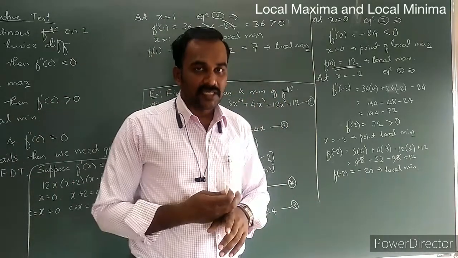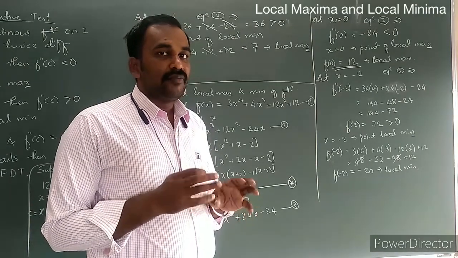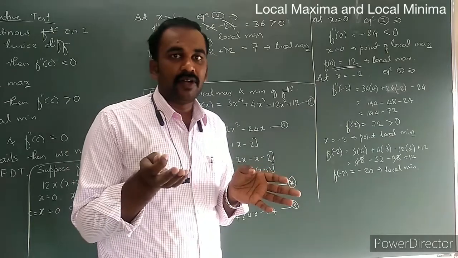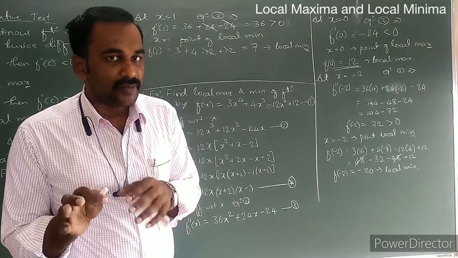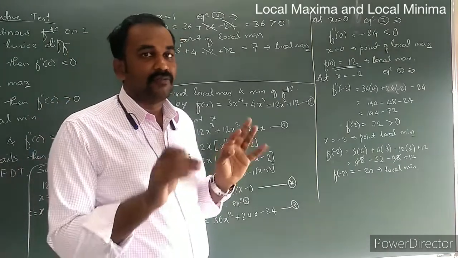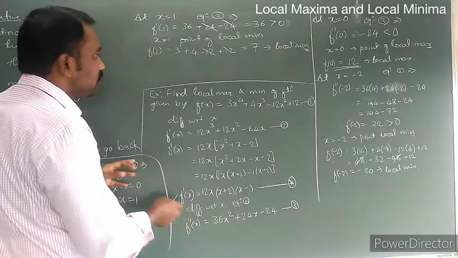In some problems, the local minimum value might be more than the local maximum value. Have you got my point? In some situations, the local minimum value might be more than the local maximum value because we are discussing it locally.